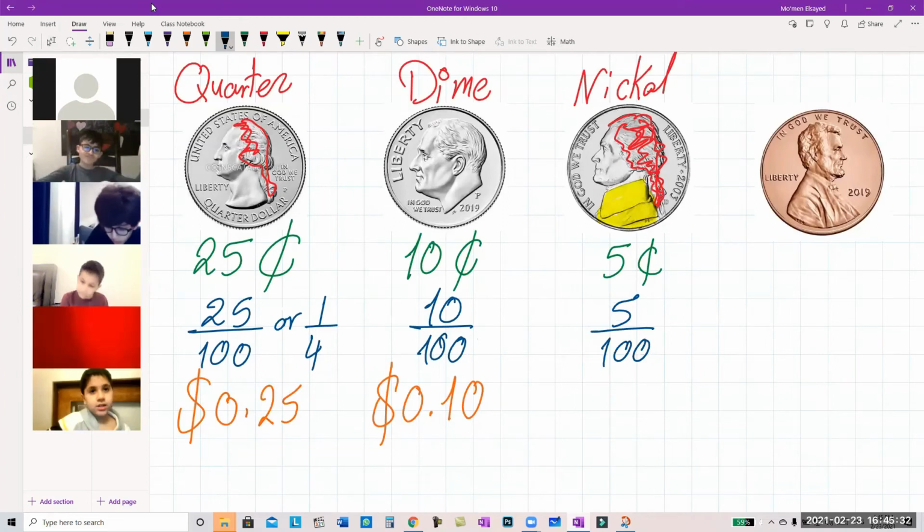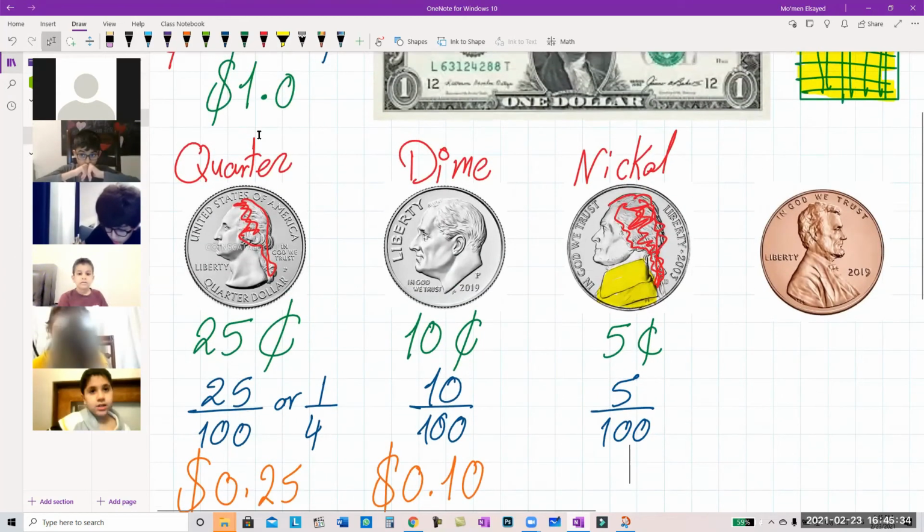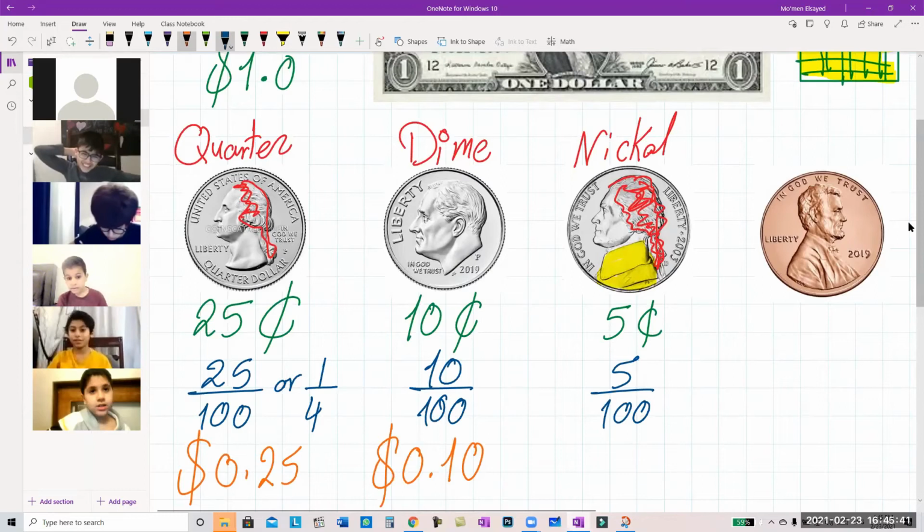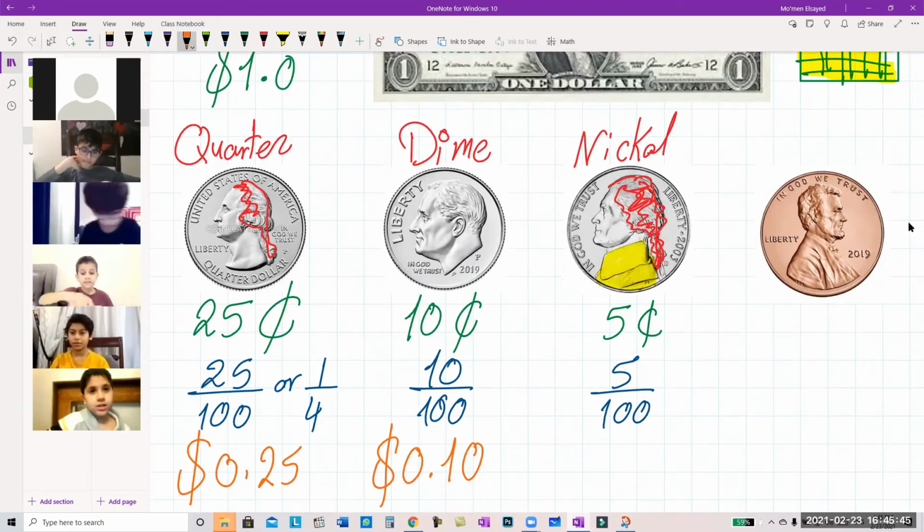Now, how can we write it as a decimal? Because we don't have anything on the left, we're going to put 0. First, we put the decimal point, and then because we have 5, we're going to put 5.